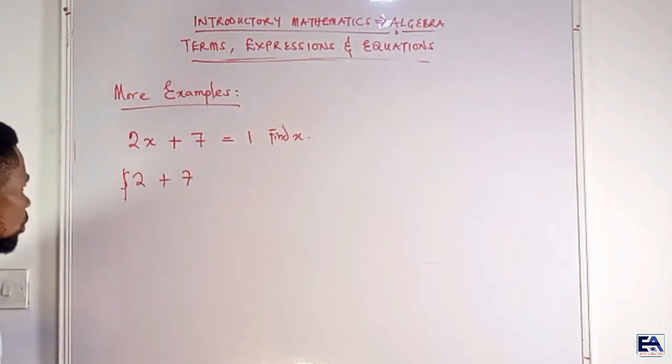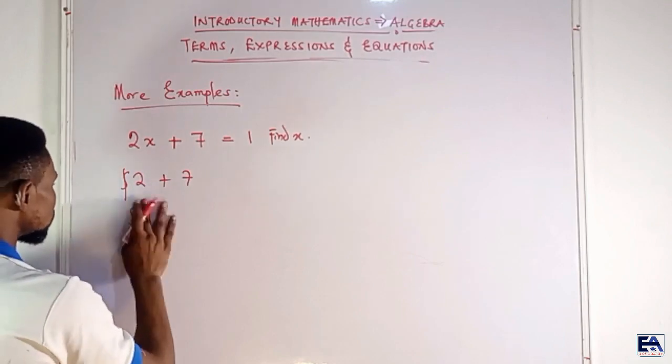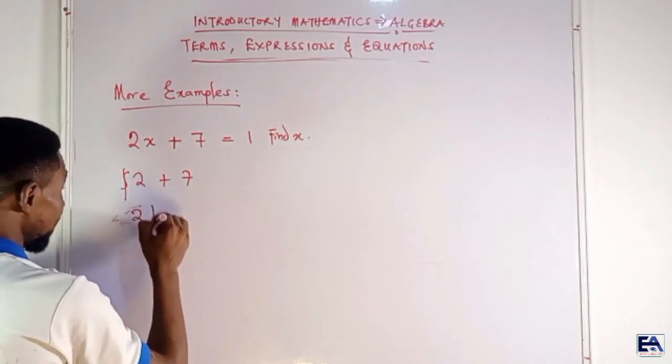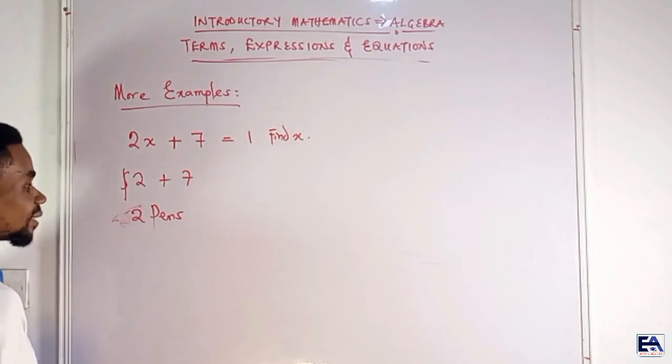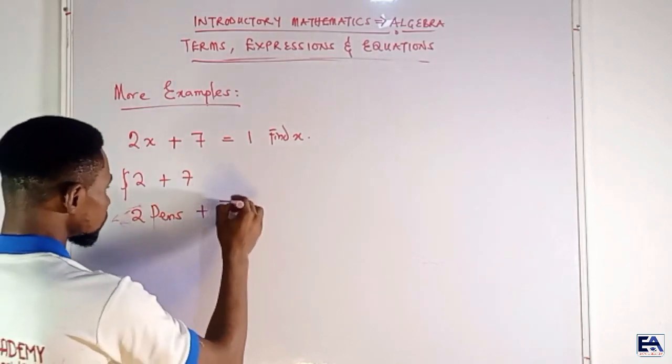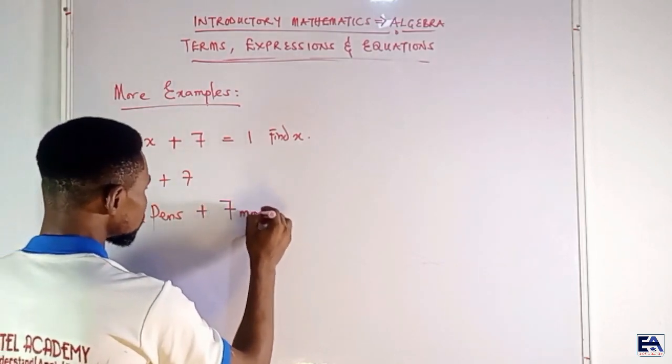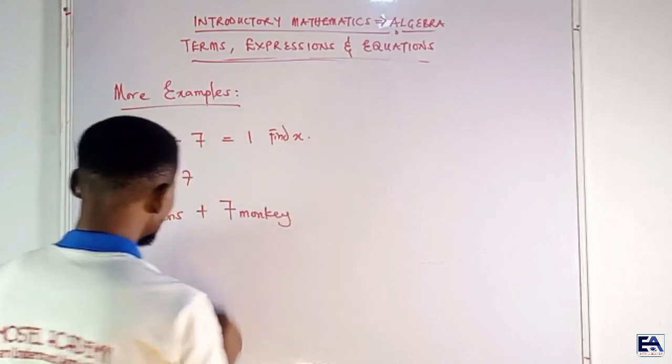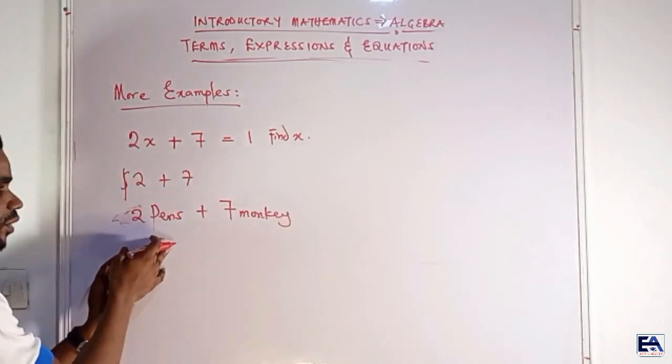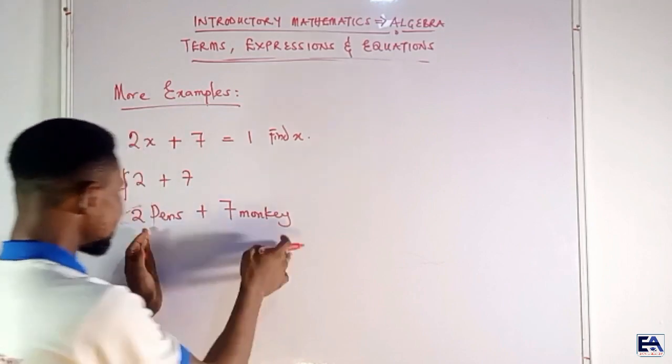Or you are saying 2 biros or pens. We have 2 pens plus 7 monkeys. Now this is a term on its own, and this is another term. But are they like terms?